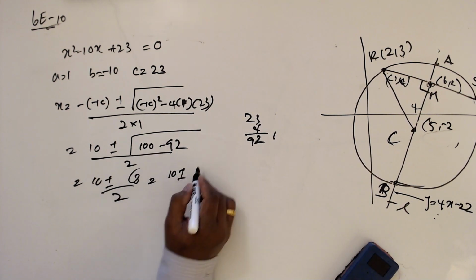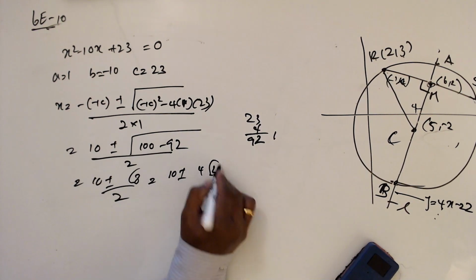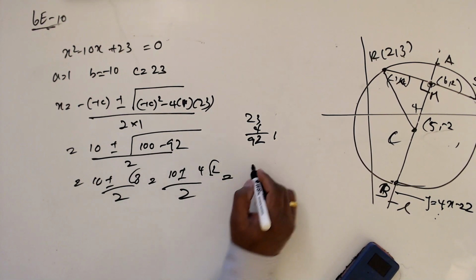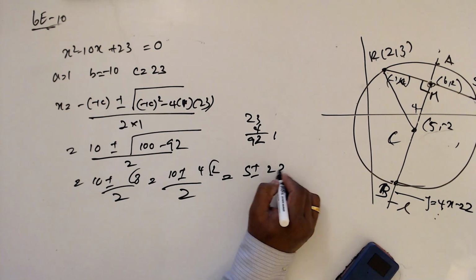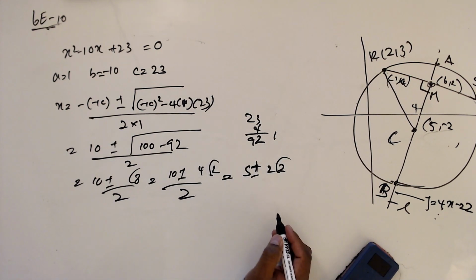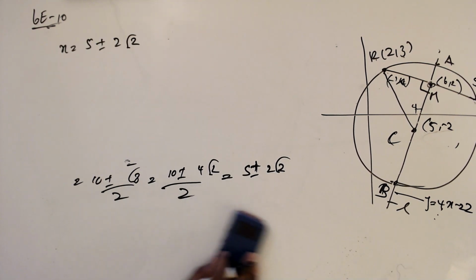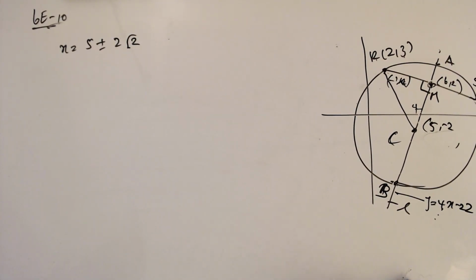The square root of 8 means 2 square root 2, over 2. Now we have x value plus or minus 2 square root 2.